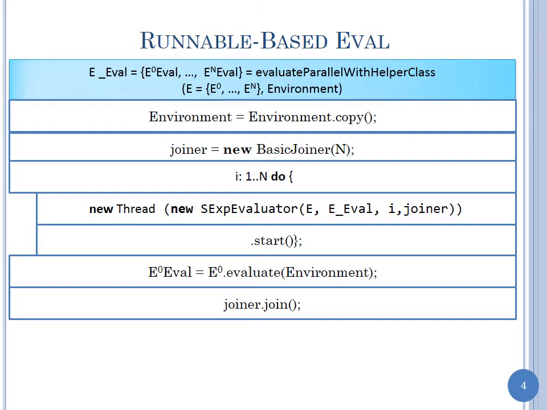You guys have already gone to this thread pool. So let me ask a more basic question to motivate what I want to say next. I'm saying that this evaluate parallel with helper class cannot create a thread and cannot assign a thread to a local variable and cannot assign the joiner to a local variable if we are to reuse these objects. Why?